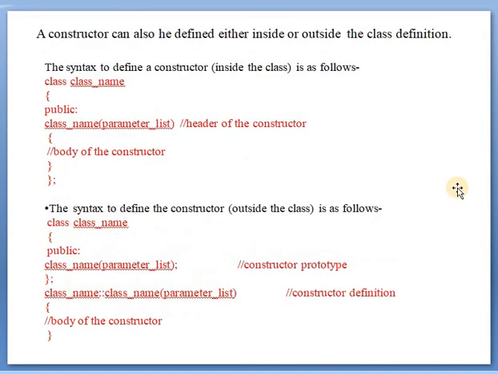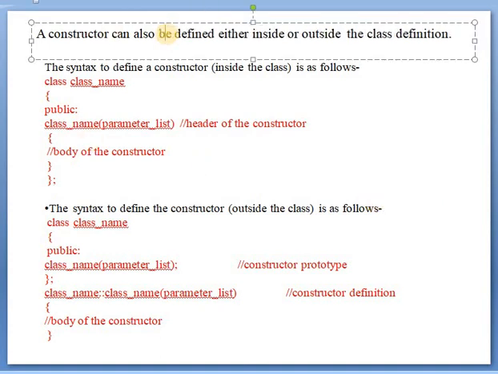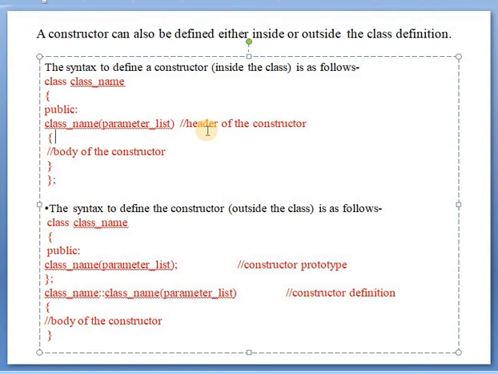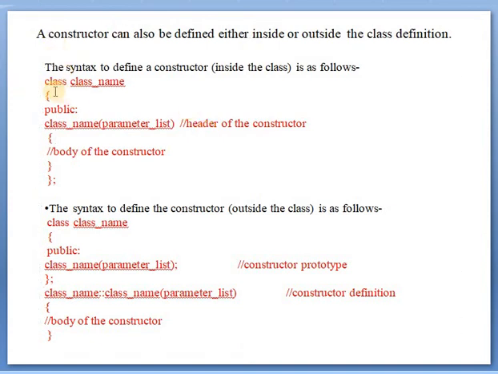Now we will see the constructor can also be defined either inside or outside the class definition. So how to define constructor inside the class and outside the class? First we will see the syntax of defining constructor inside the class. See here: class keyword, class name, open bracket, public, class name.